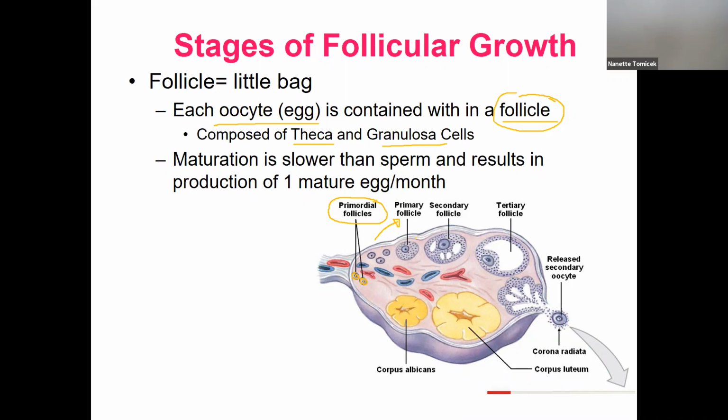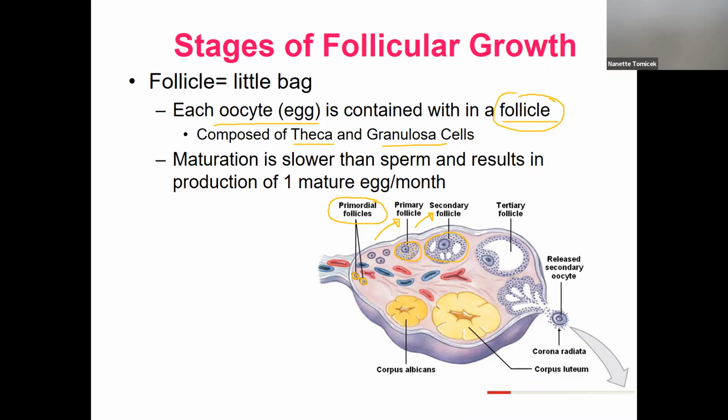Okay, and those primary follicles will start to grow. We can see this is larger in size. You can see that there's other cells here now. Those would be the theca and the granulosa getting together. And then after a couple months of growth there, the primary follicle will then become a secondary follicle.